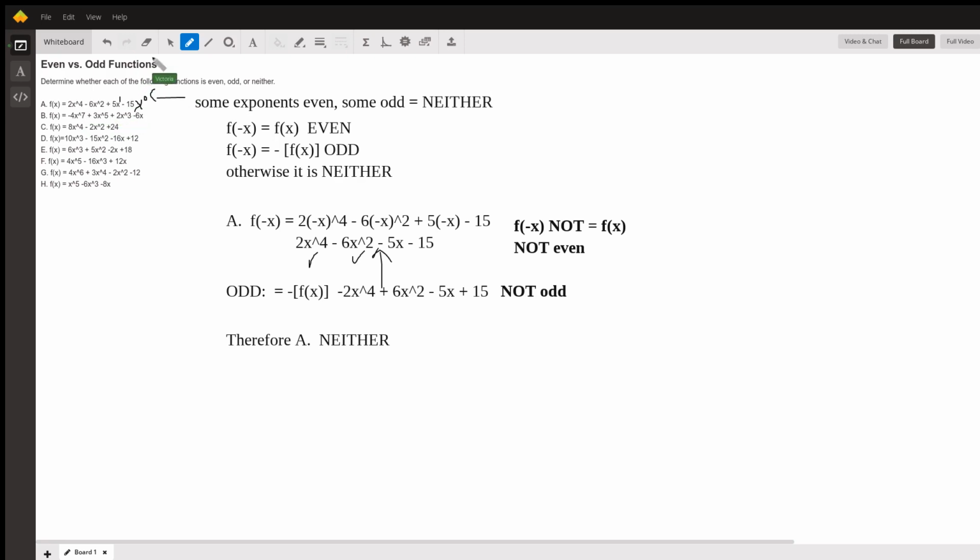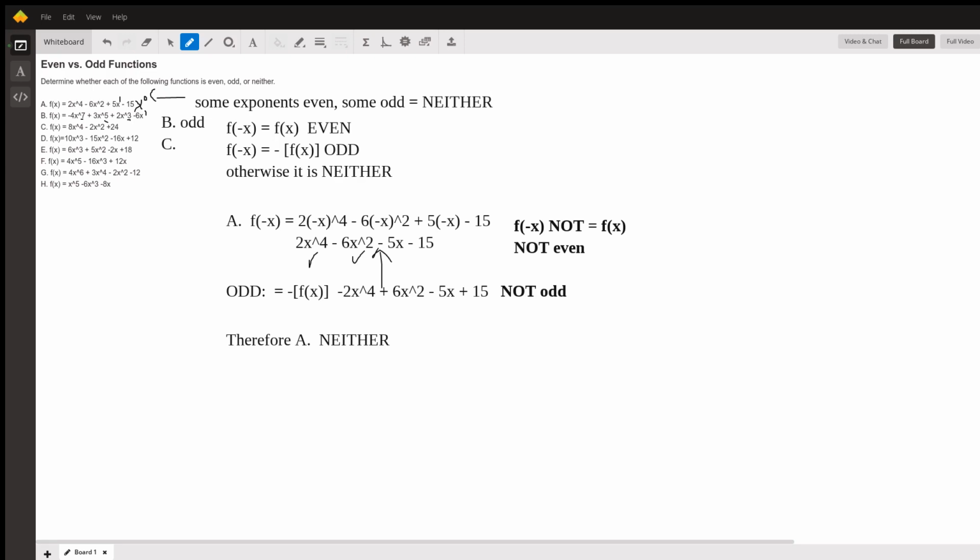If you look here at B, 7 is odd, 5 is odd, 3 is odd, and it's not written here, but it's 1. It's odd. That means that B, without doing any math, is odd, because with polynomials, the exponents tell the whole story.